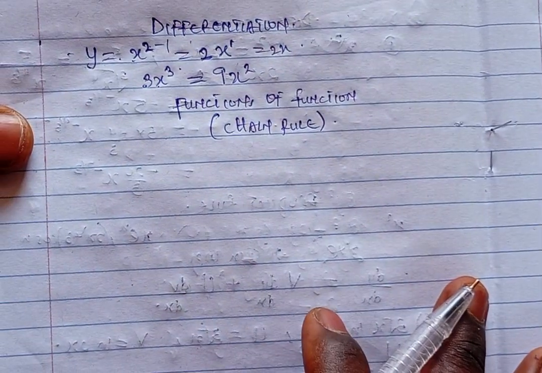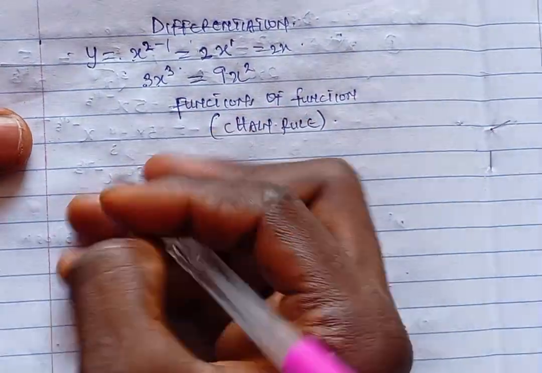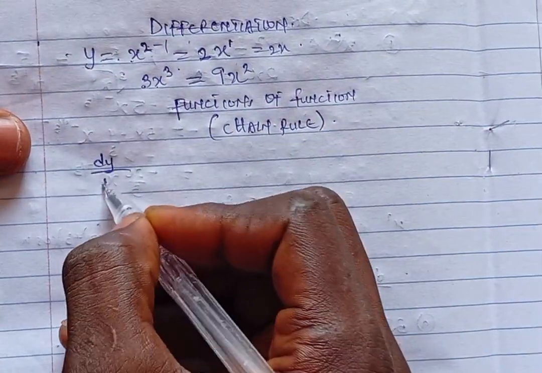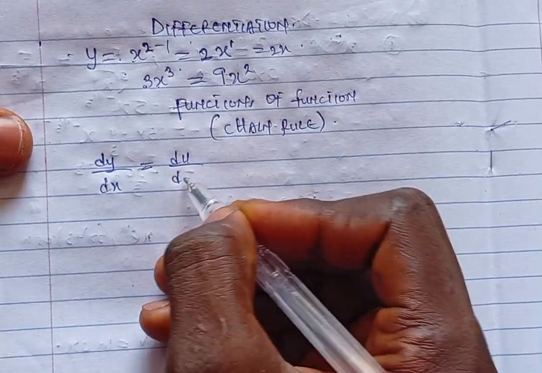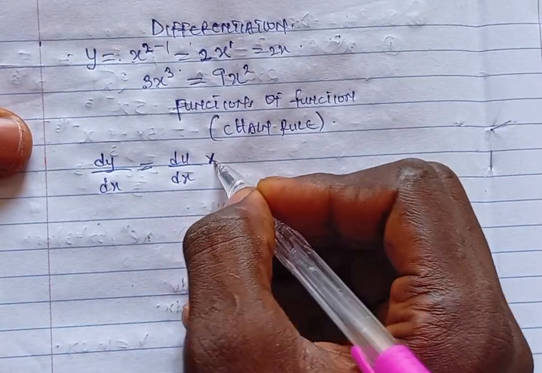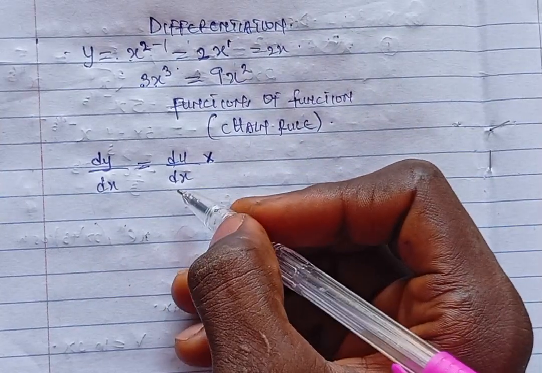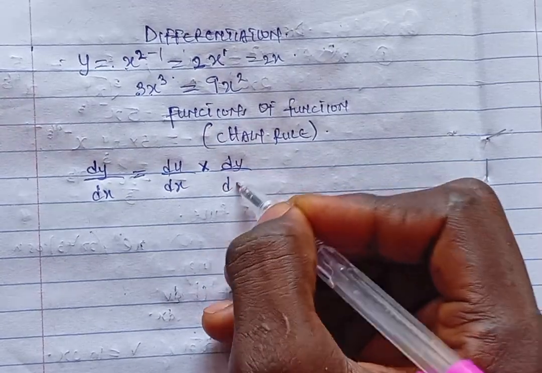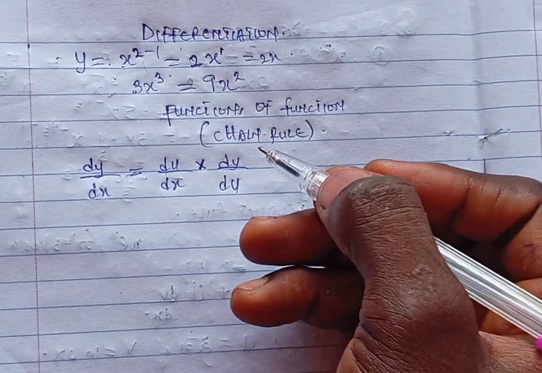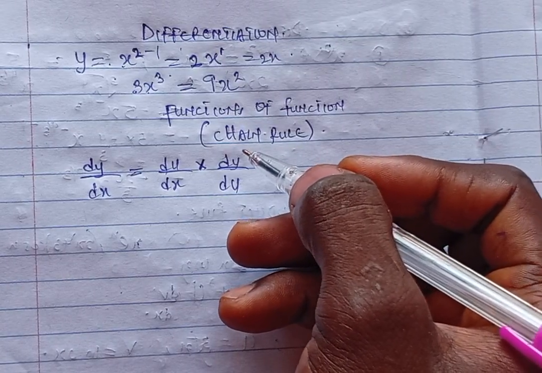So how are you going to go about this type of rule? The chain rule lets us know that the formula, dy/dx, is equal to du/dx multiplied by dy/du. And it is not a standard thing, because they may not use y to represent what you are doing sometimes.